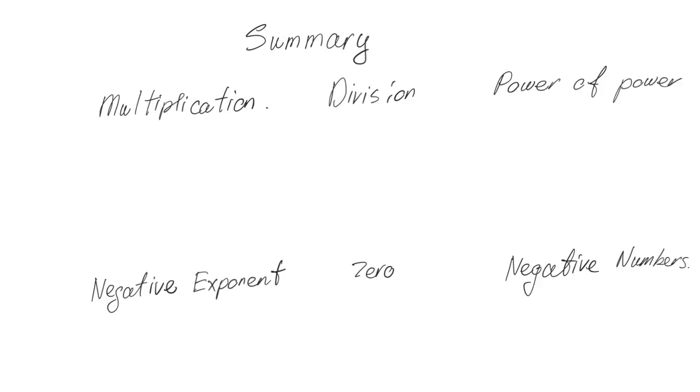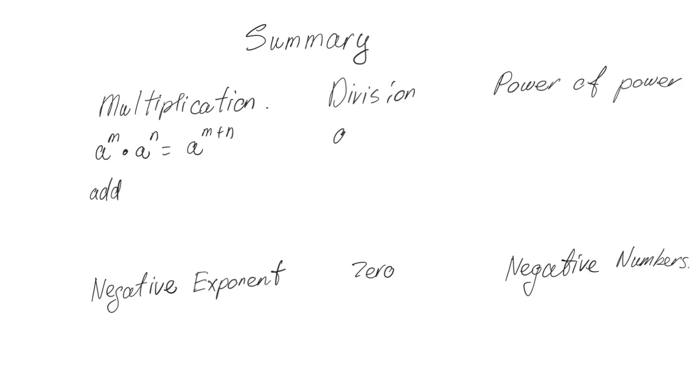All right, so let's summarize what we have learned. For multiplication, meaning if a raised to the m power is multiplied by a raised to the n power, we are adding the exponents.